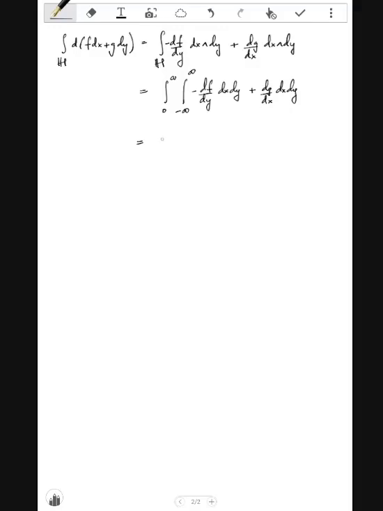This is equal to minus the integral from minus infinity to infinity, integral 0 to infinity, df by dy dy dx, plus this term becomes 0 because g is compactly supported.